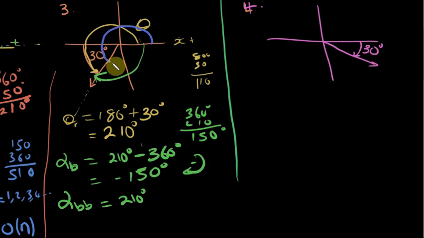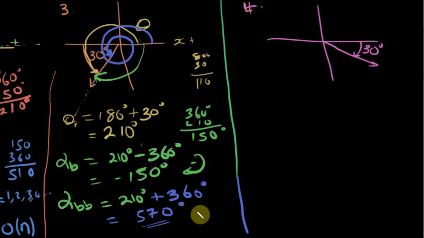So let's say it goes all beyond 360 and then all the way there again. So that will be 210 plus 360 degrees. Gives me how much? 0 plus 0 is 0. 1 plus 6, that is 7. 3 plus 2 is 5. 570 degrees.